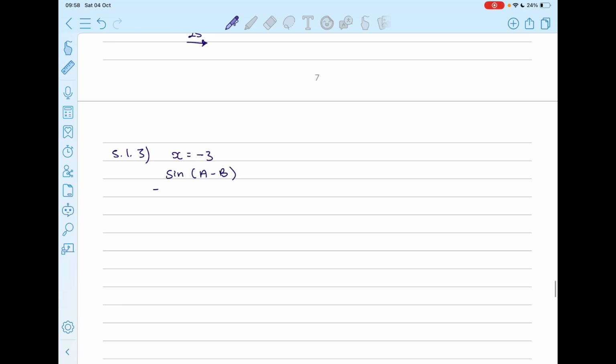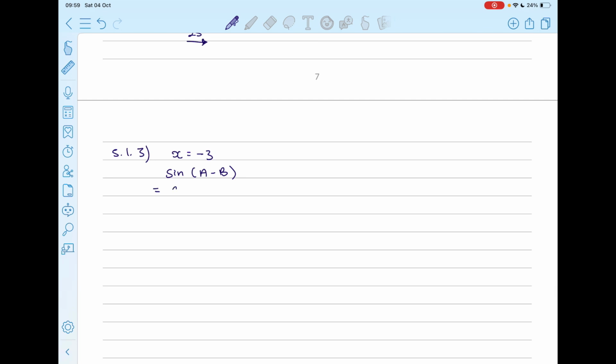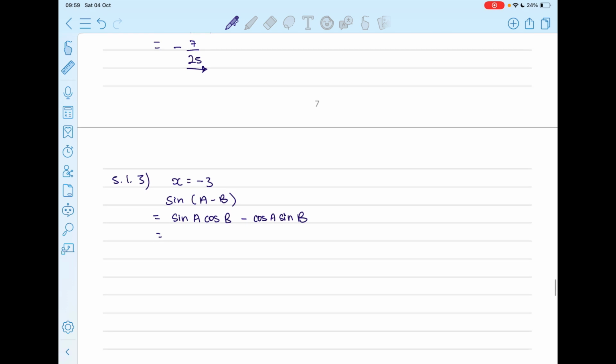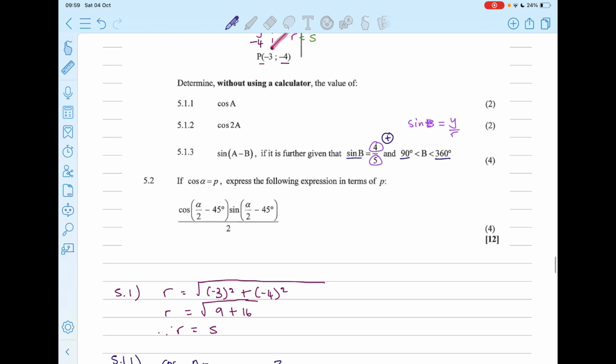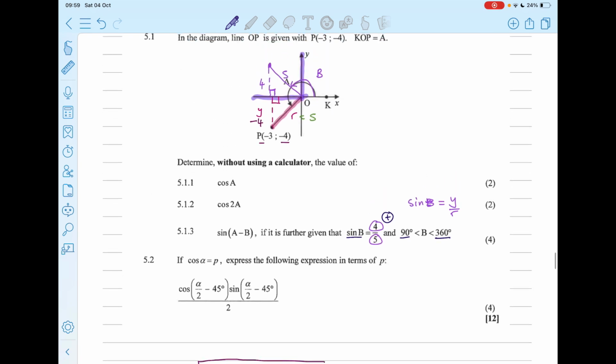Sine (A minus B). This is a compound angle identity, which gives us sine A cos B minus cos A sine B. Okay, so now we just need sine A and to substitute also for cos B. And we already have sine A. No, we don't.